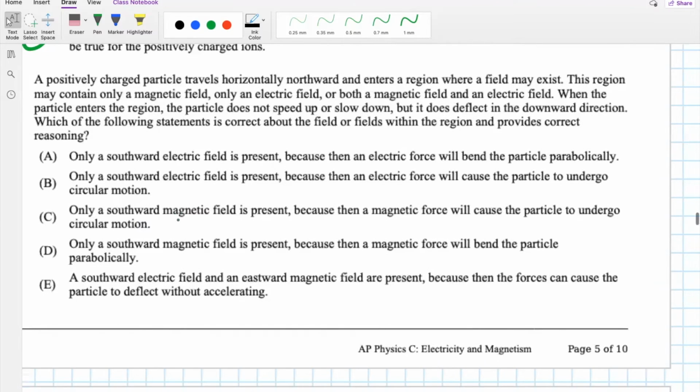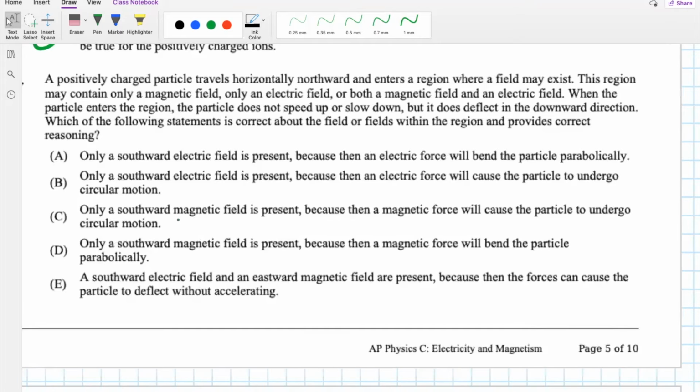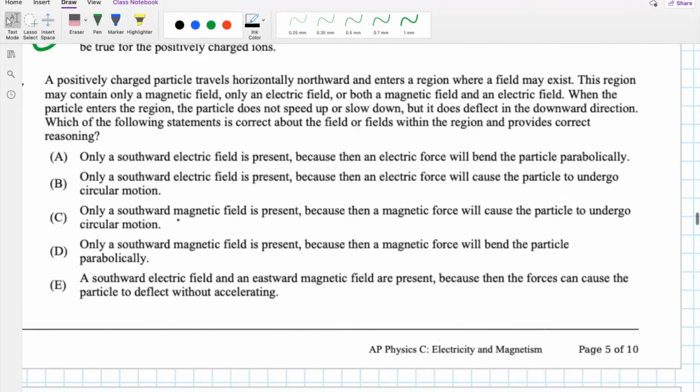Which of the following statements is correct about the field or fields within the region and provides correct reasoning? So because the particle does not speed up or slow down, automatically the force, if there is one, because it does change motion, the force must be perpendicular to the velocity.